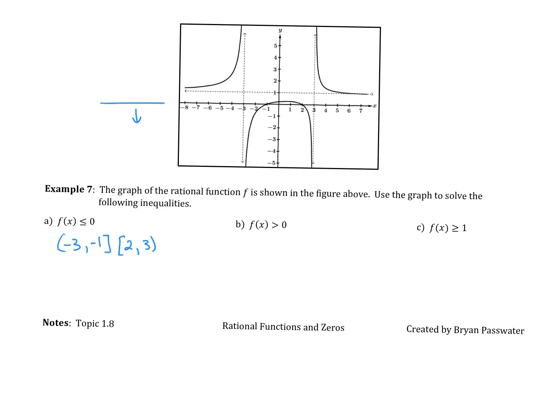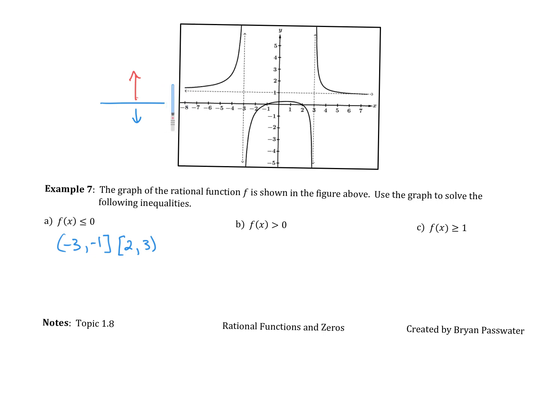All right, let's look at B now. So this one says f of x is greater than 0. And so this one says, hey, when is this thing above my x-axis? When is it all up here?